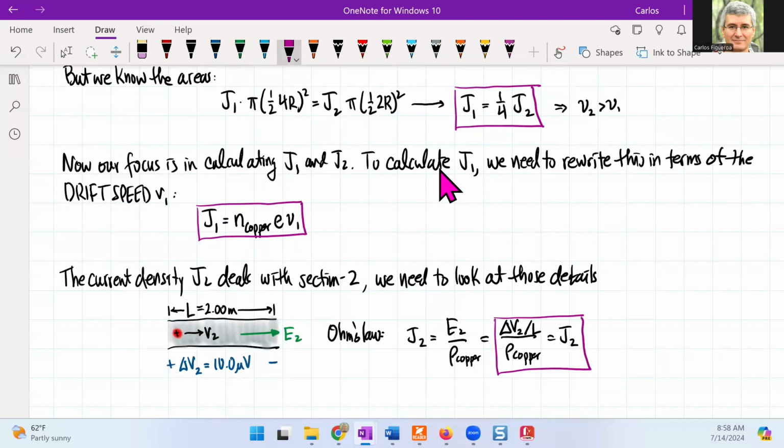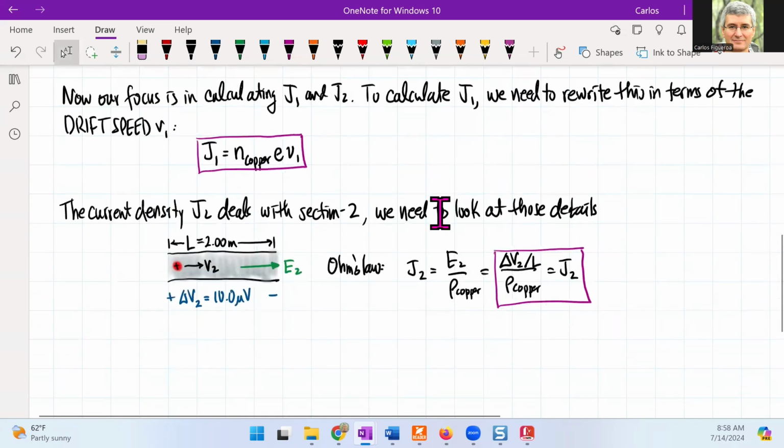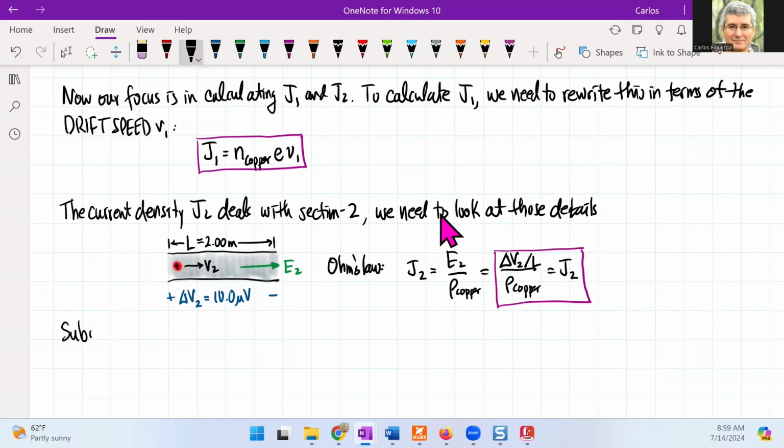Now we could put all these three boxes together. I could substitute J1 into J1 equals 1/4 times J2, and I could substitute J2 into that top equation right there. So let's go do that. Now I'm going to substitute everything into the J1 equals 1/4 J2 equation.